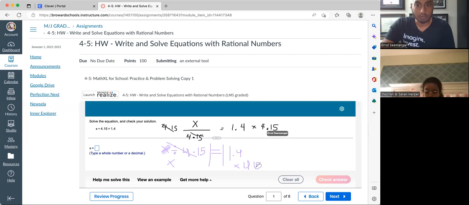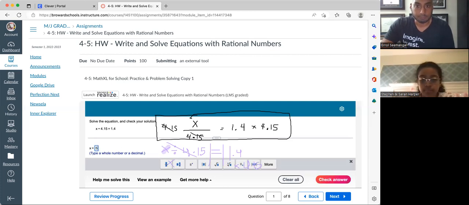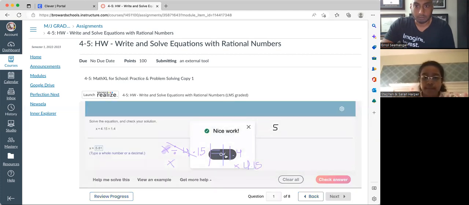Okay. See how I wrote it right here? Is that the same thing as what you wrote? Yep. So write the answer in the box. You might have to press the little red X first, and then type it in. Okay, good.